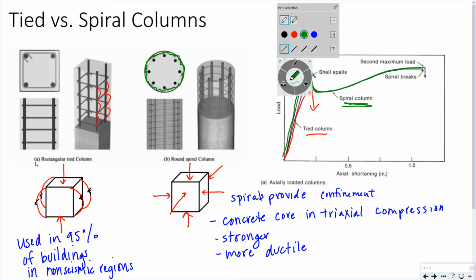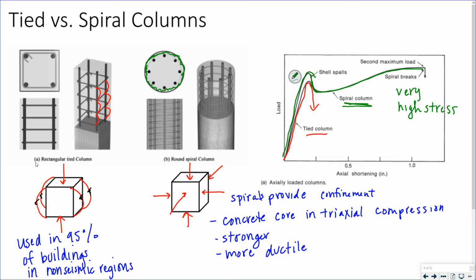And that would be at very high stress. Because of that ductility, a spiral column is used for high loads and seismic regions.